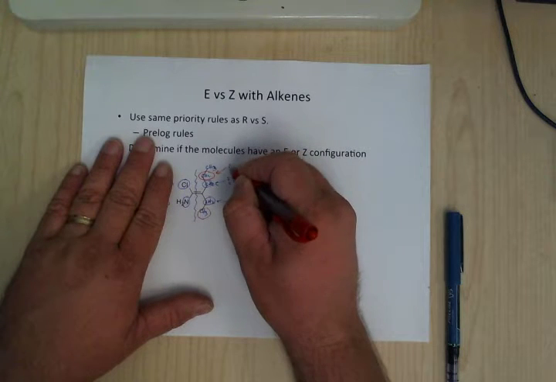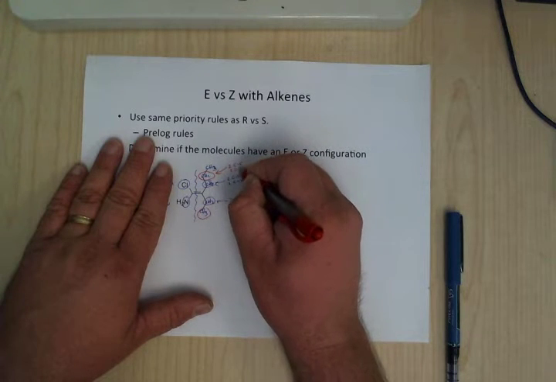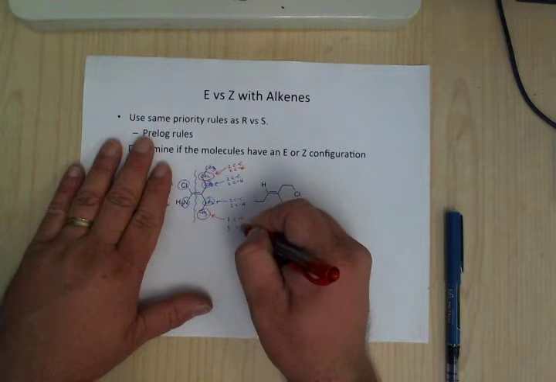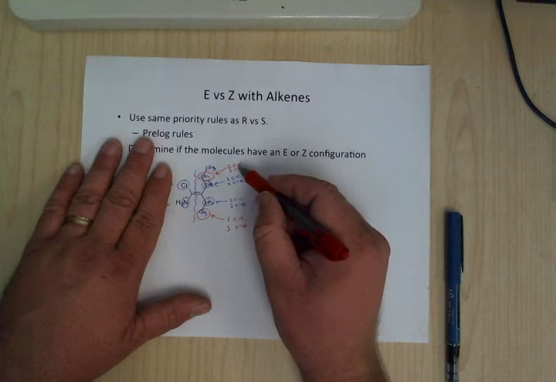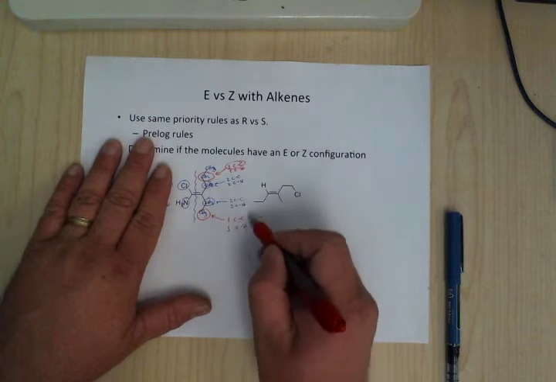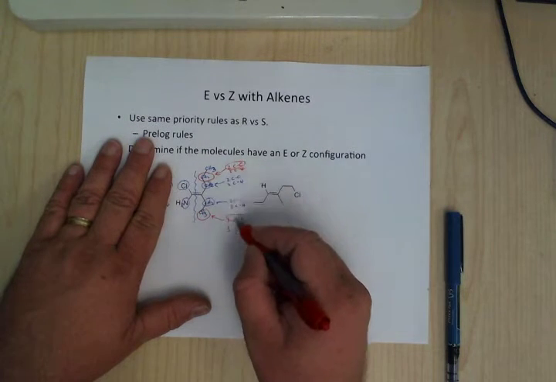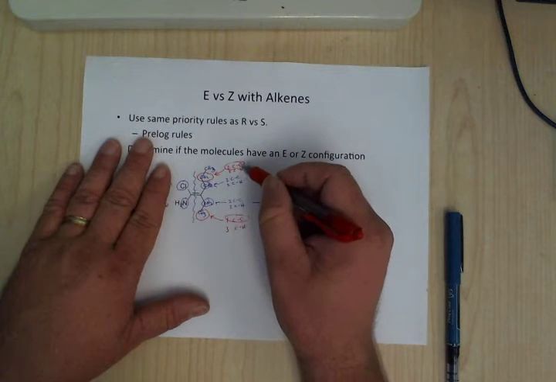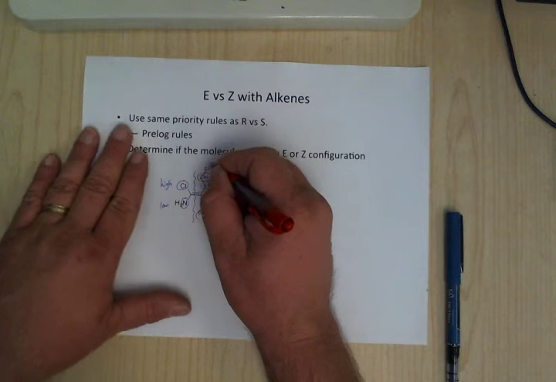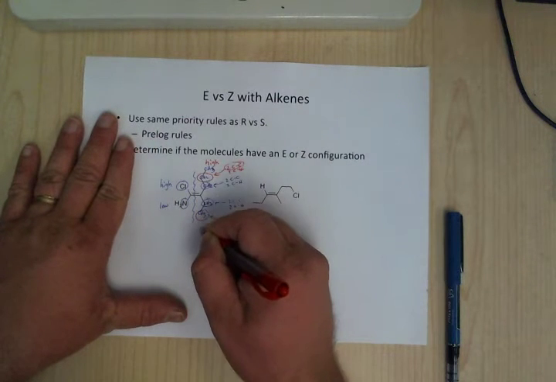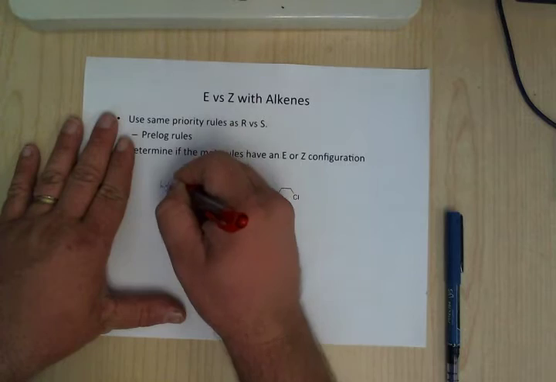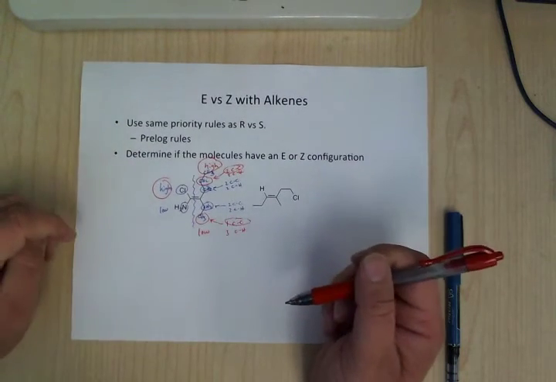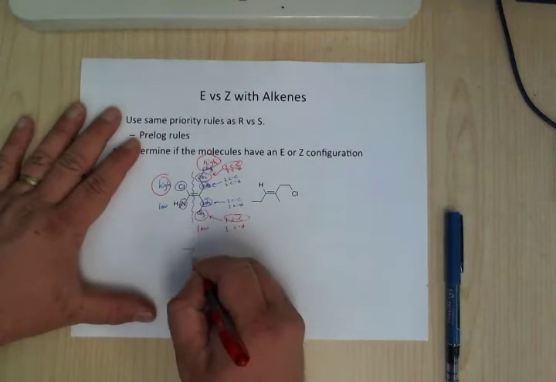This one here again has 2 carbon-carbon bonds and 2 carbon-hydrogens, but this one only has 1 carbon-carbon bond versus 3 carbon-hydrogens. Since this has 2 carbon-carbon versus 1 carbon-carbon, and they're the same weight, but this one has more of them, this side is going to be the higher priority than this one, so it's high-low. So you look at where the highs are. They're on the same side, and same side is Z. So this is Z.